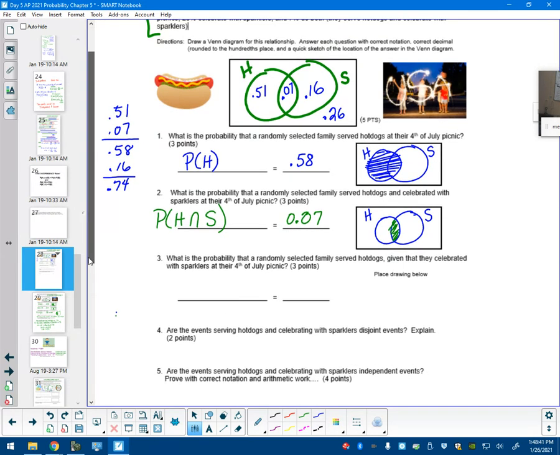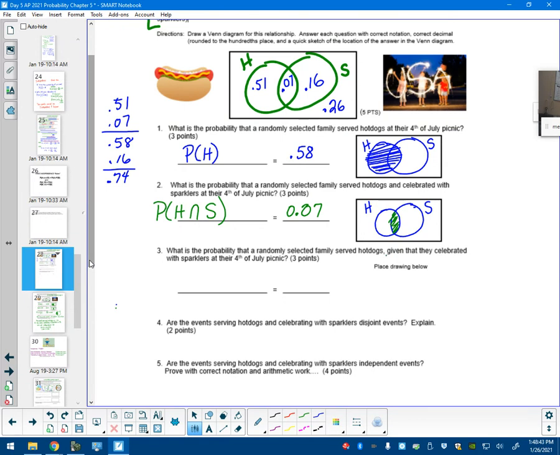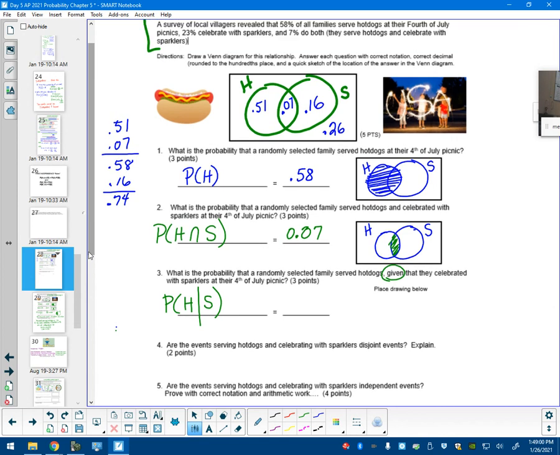All right, this is a conditional because I see the word given. What is the probability that they served hot dogs given that they had sparklers ready to go for later on? Well, I don't have the rectangle anymore because all I'm interested in is the sparkler circle.